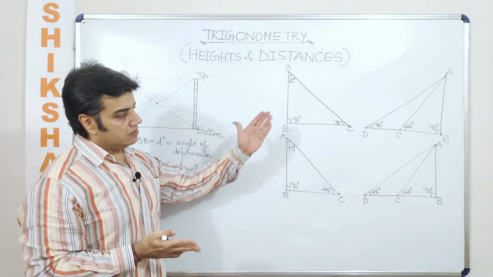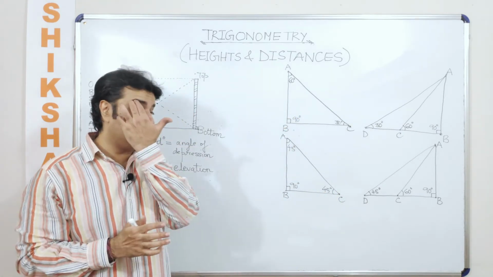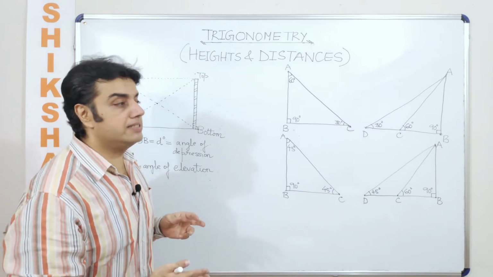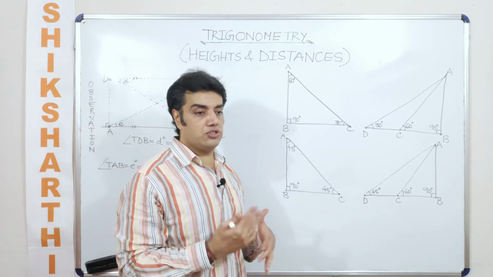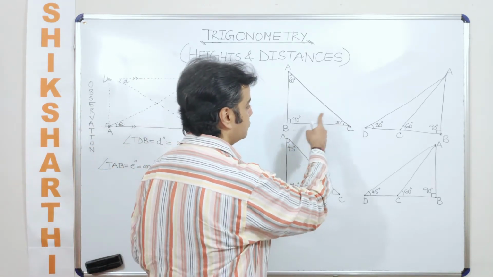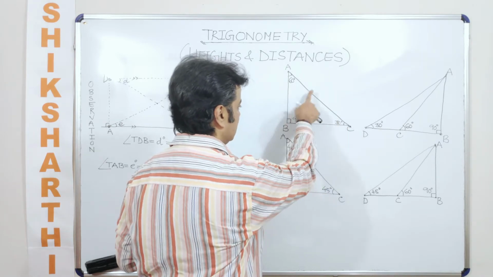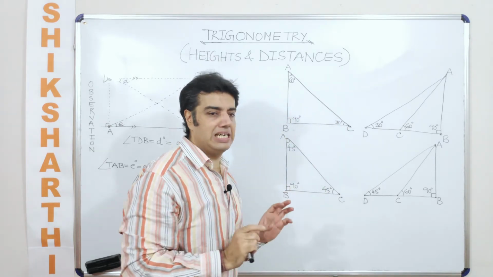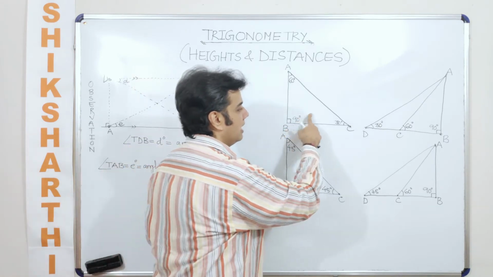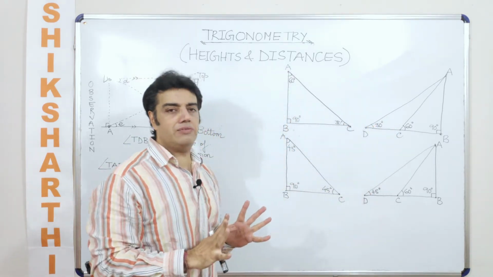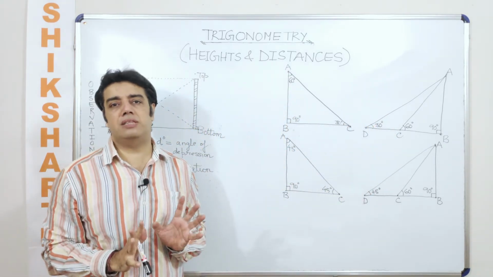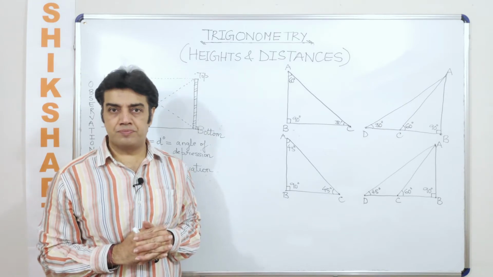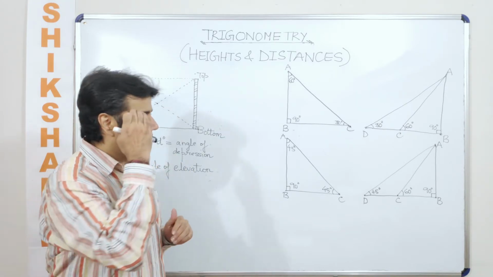And how many heights here? So if I talk about that triangle, two heights in any case. So in heights and distances, more or less you will get questions which will be of the same sort. So they can talk about any one of the three, or at least one of the three in this case. And in this case, they can talk about any one out of the five, or at least one out of the five. I hope this has been understood by you.